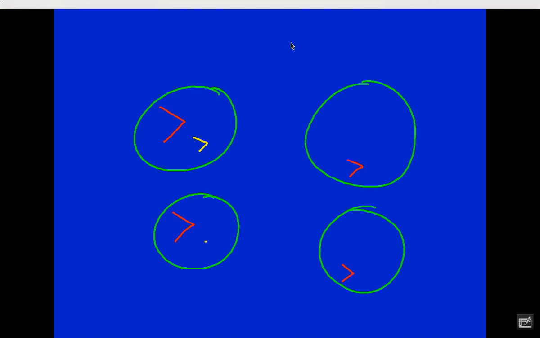Each of them has 2 chromosomes. So they are haploid, and those go through a maturation process to become sperm or egg.